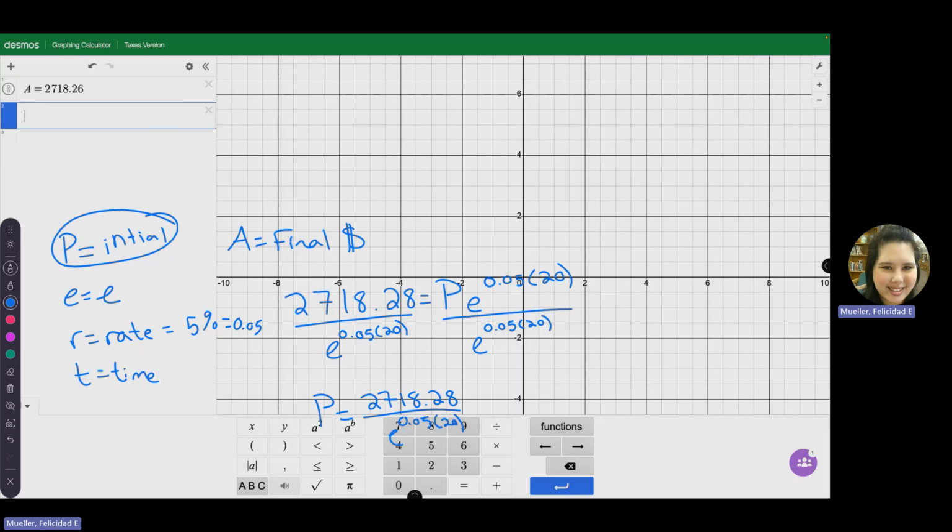We can say R equals 0.05. T equals 20. So then I could just say, well, this is A divided by E raised to the RT.